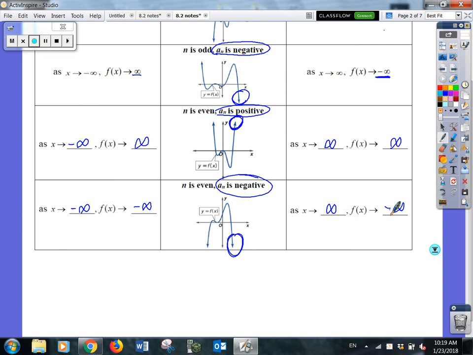Negative, still the same value, it's just going down. So our only two options are both positive infinity, both negative infinity, or one of each. Just depends on the function. And the way I remember is odd, opposite. Then I just have to remember positive or negative. So my right arrow, positive, is up, and negative is down.